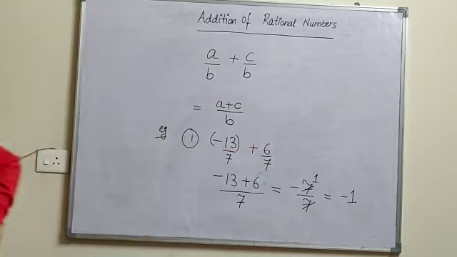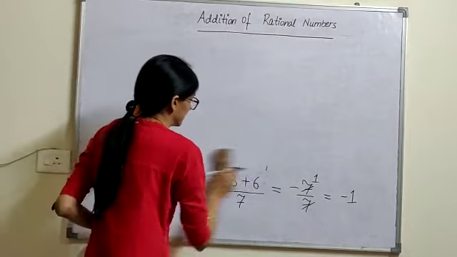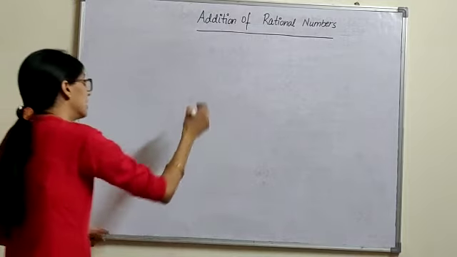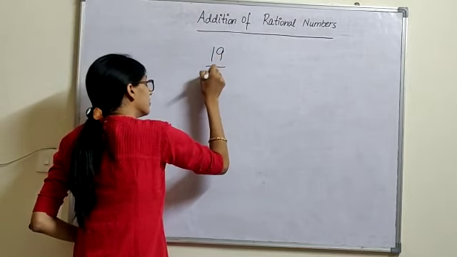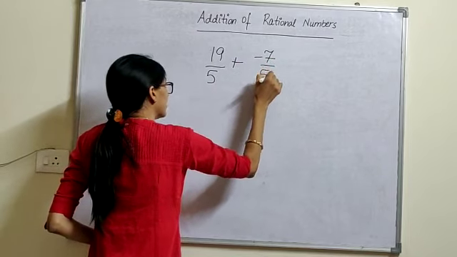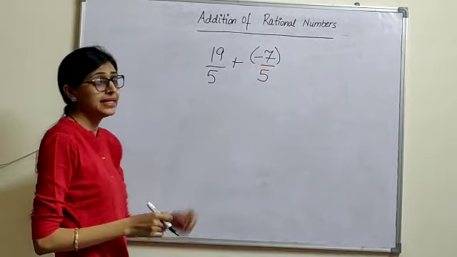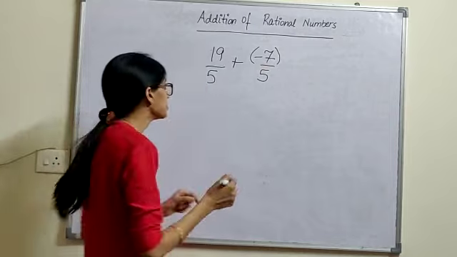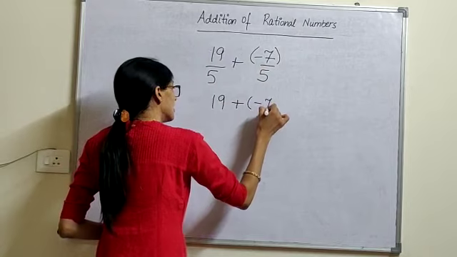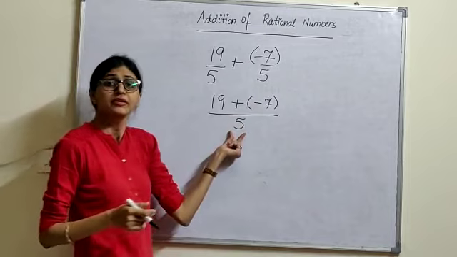In this way you will find out the answer when the denominator is same. One more example we can take. 19 by 5 plus minus 7 by 5. You have to add these rational numbers. Whatever signs are given in the numerator, take those signs along with the digits and taking the base as common 5.